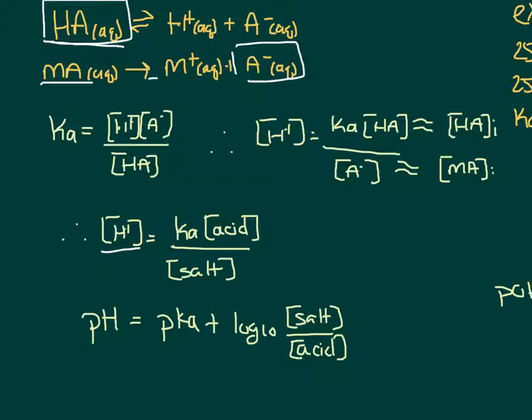We rearrange that and take the logarithmic scale. So now we have pH equals pKa plus the log base 10 of your salt over your acid. Now, the majority of the time, this value is going to be the same number because that is the way in which the base works. Therefore, we don't usually need to worry about it, and our pH will equal our pKa.